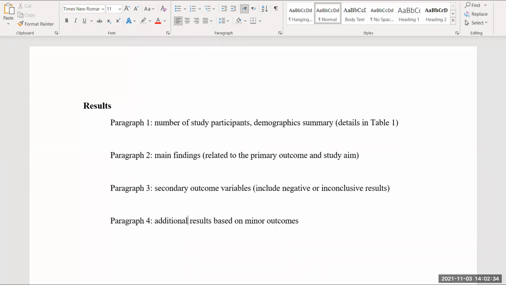It could be a study participant, it could be lab animals. You provide some demographics, summary, and some details in table 1. So it's a combination of text and tables, usually as a baseline. You don't want to replicate the entire table, but highlight the salient points in the first paragraph of the baseline characteristics.